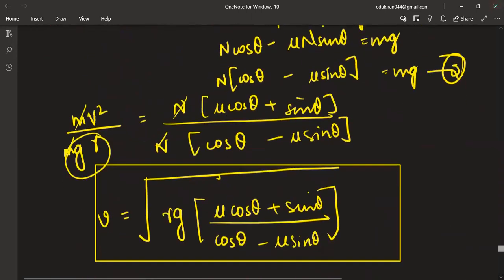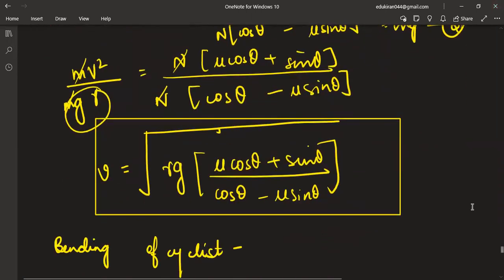Then this is bending of road on an inclined plane where the inclination angle is theta. Note down this one.